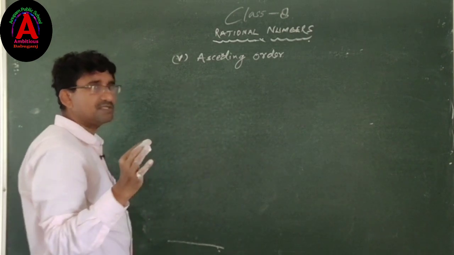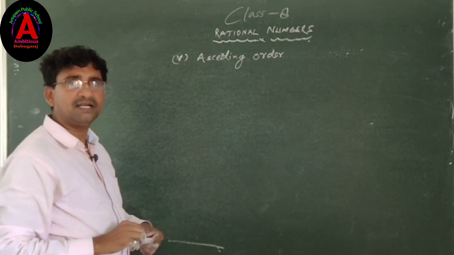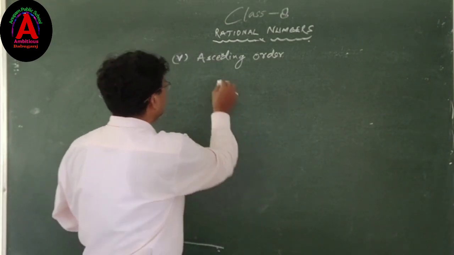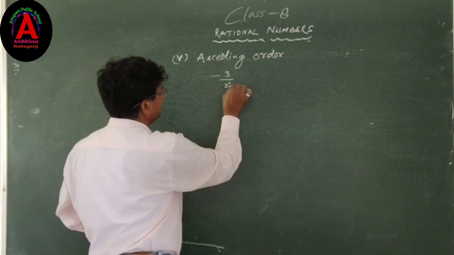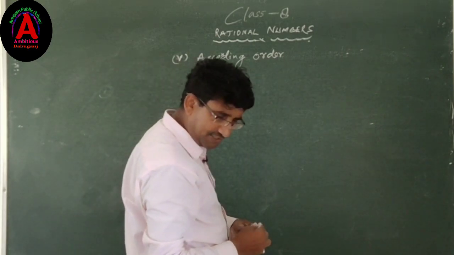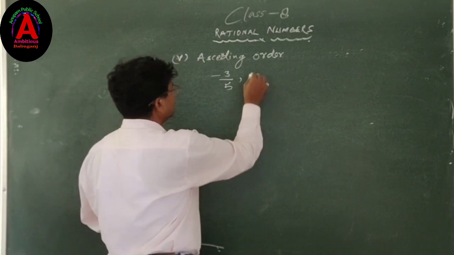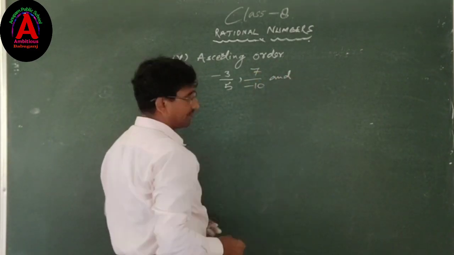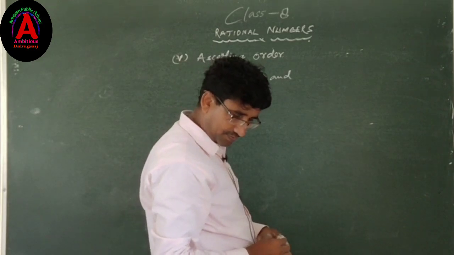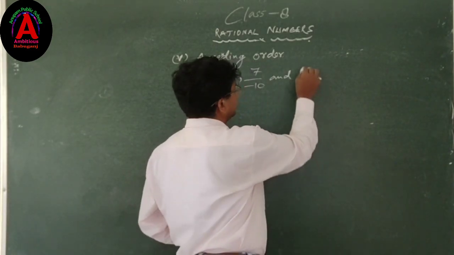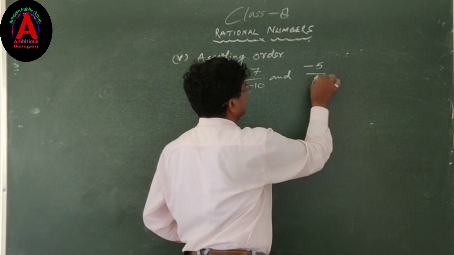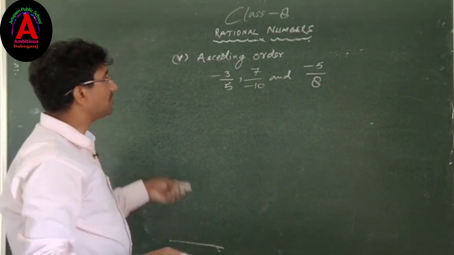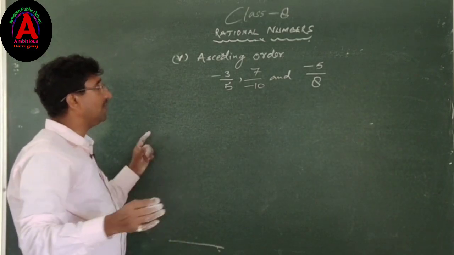There are 3 numbers and we have to arrange them in ascending order: our rational numbers are minus 3 by 5, 7 by minus 10, and minus 5 by 8. We have to arrange them in ascending order. So first of all, what will I have to do?